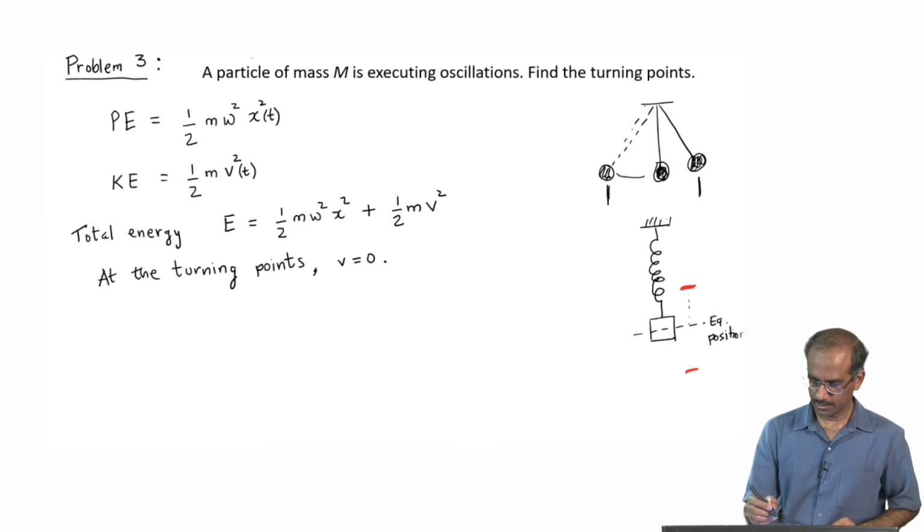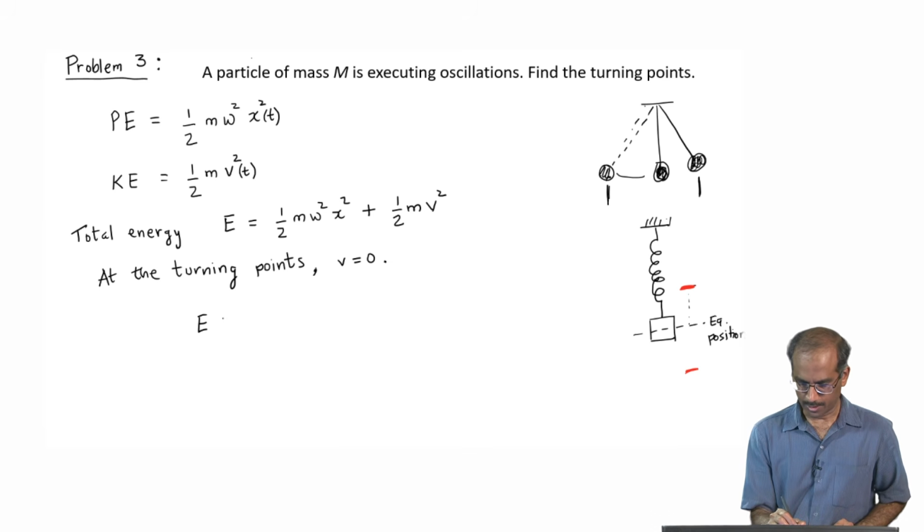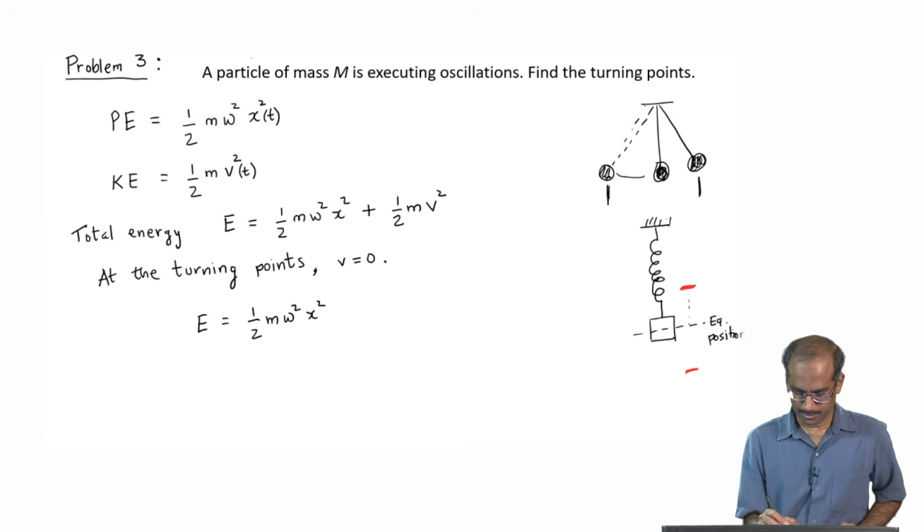If I put in that velocity is 0 in the equation for energy that I had written above, I will get E to be equal to half m omega square x square, and since v is 0 that term does not come here, and now I need to find the value of x. So, x square is equal to 2 E divided by m omega square.